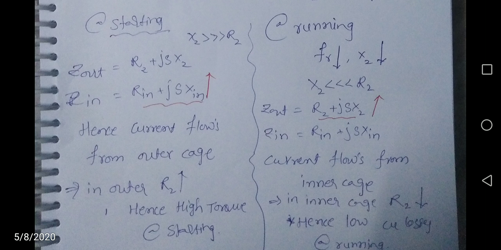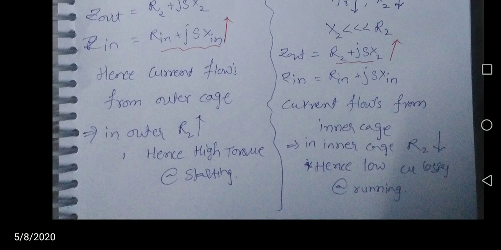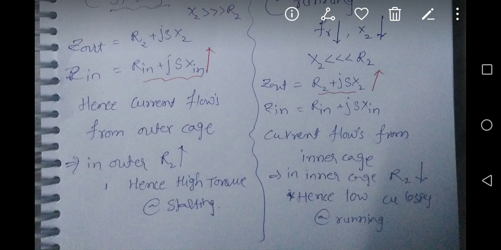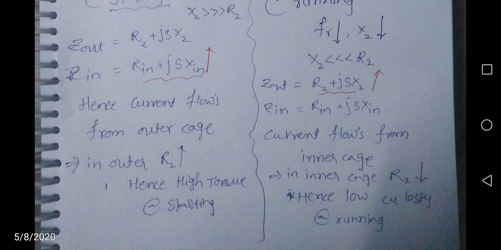When resistance values are decreasing under running condition, the copper loss is also minimum. So with the double cage rotor, the torque achieved is more compared to the skewed rotor and squirrel cage rotor.